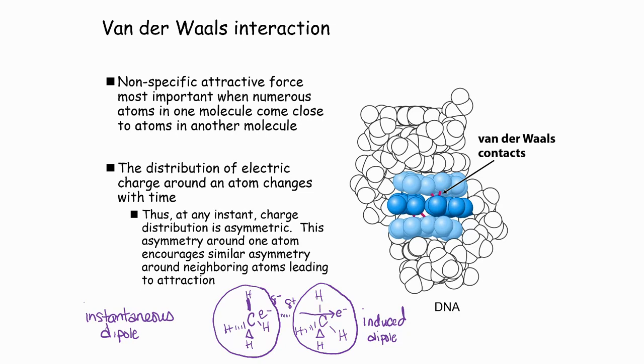There's motion that creates an instantaneous dipole, which then creates in another molecule an induced dipole. And we call those van der Waals attractions or London dispersion forces. Now, they are temporary. And because they're temporary, they tend to be initially known as fairly weak interactions.